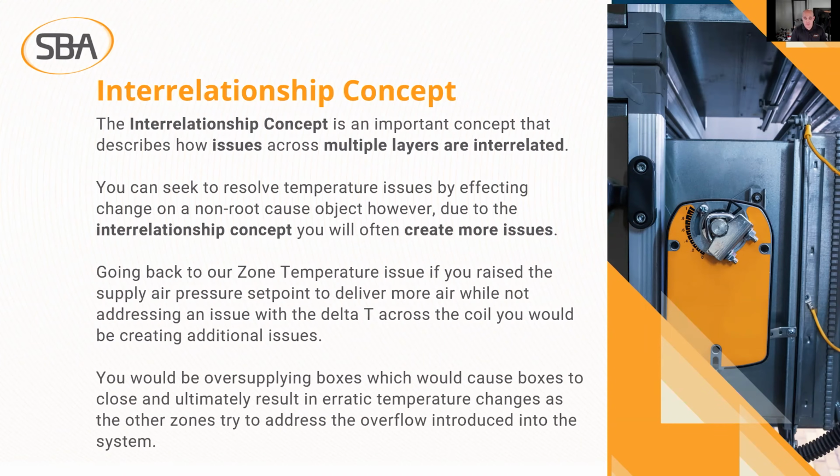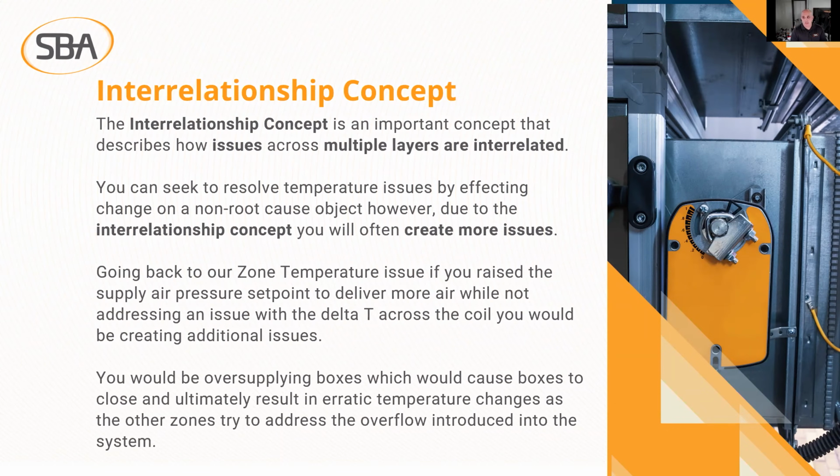If we go back to our zone temp scenario and we raise the supply air pressure at the air handler to deliver more air, while not addressing a delta T issue or a hydronic issue, then sure, we're going to provide more air that has greater capability of absorbing BTUs and taking those BTUs out of the space by increasing air changes, right? So with that increased velocity, people are going to feel cooler just due to the evaporative effect, and we may actually remove some more BTUs.